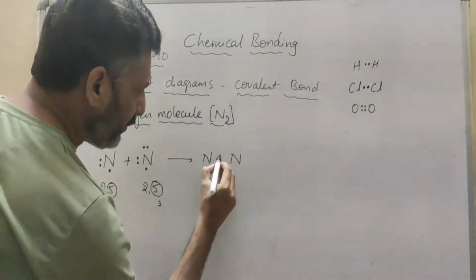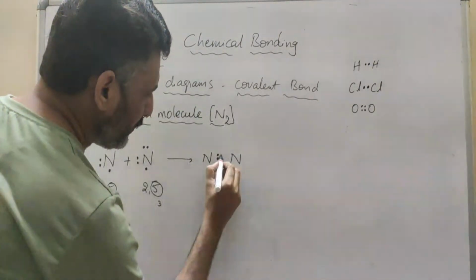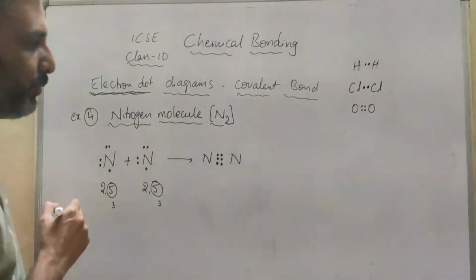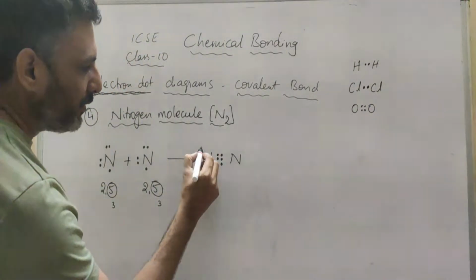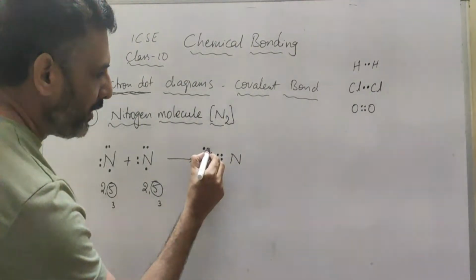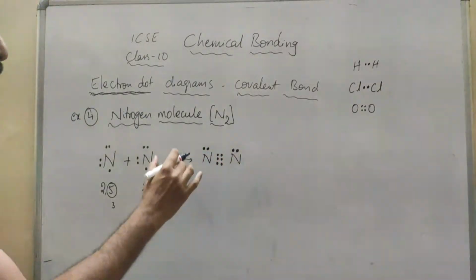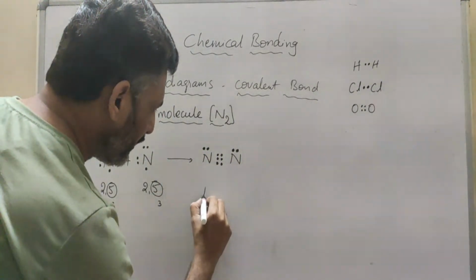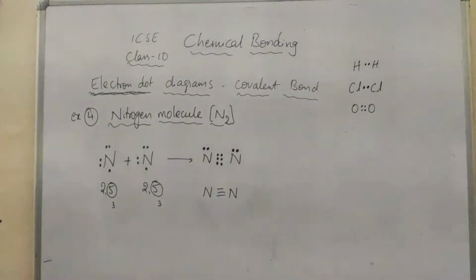From this nitrogen 3 electrons come forward for the covalent bond, and from this nitrogen also 3 electrons come forward for the covalent bonding. Out of 5, each nitrogen is giving 3. So each nitrogen will be left with one pair of electrons which is not participating in the bonding. So 3 pairs are being shared here. There will be a triple bond between the 2 nitrogen atoms.